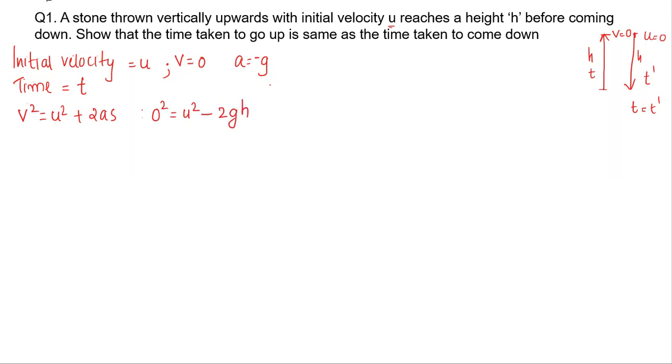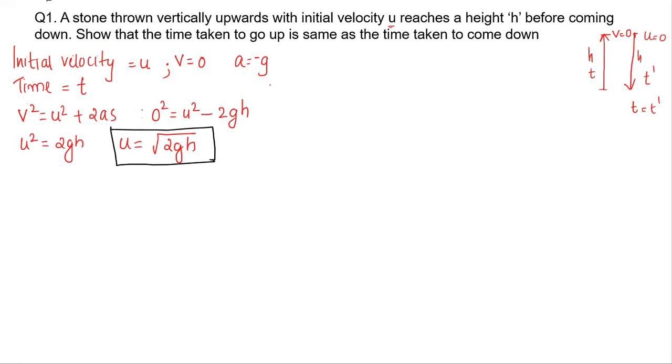Because a is equal to minus g. 2 into minus g into h will come, that is equal to minus 2gh. Okay, clear? Now, take minus 2gh to the other side. We will get u square is equal to 2gh. So what is u from this? u is equal to under root 2gh. Okay, so we got the value of u as under root 2gh.